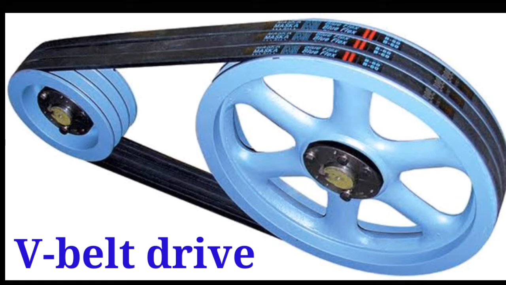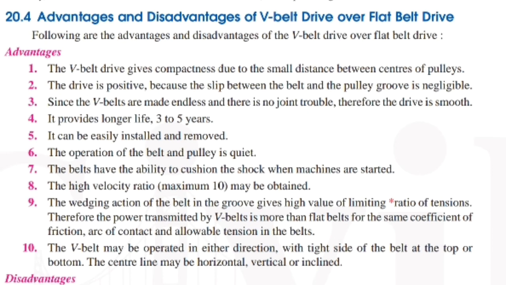Next we are going to discuss the advantages and disadvantages of V belts compared to flat belts. Let's see the first one, advantages of V belts. The V belts give compactness due to the small distance between the centers of pulleys.